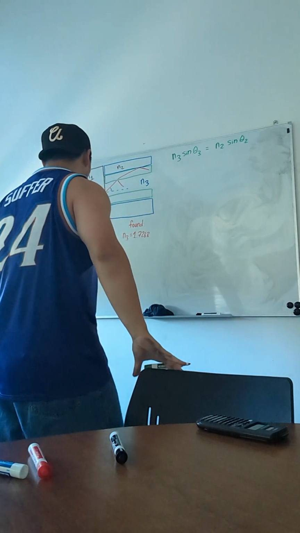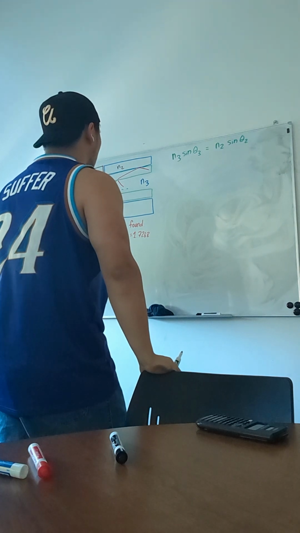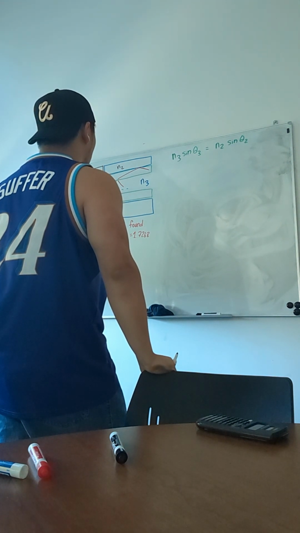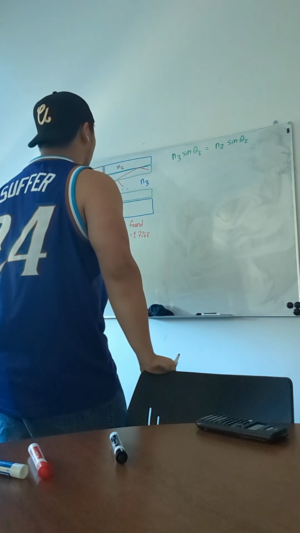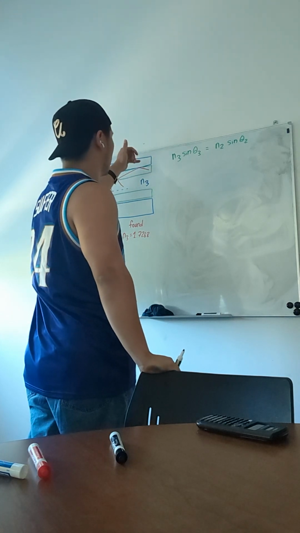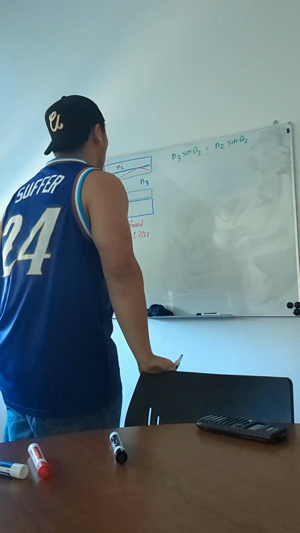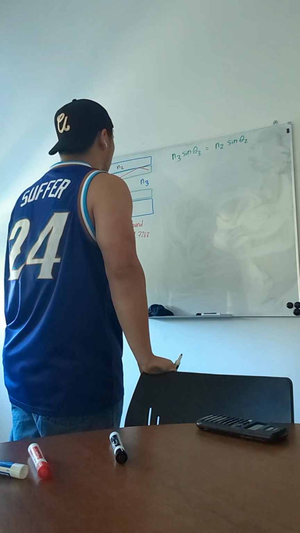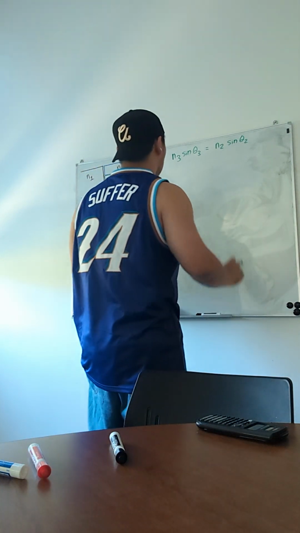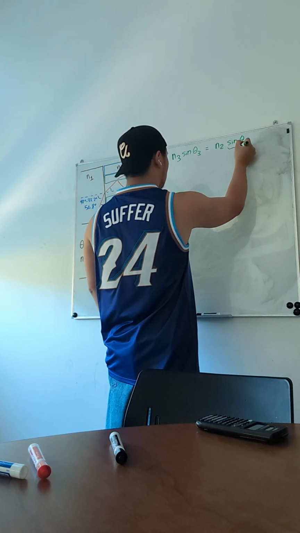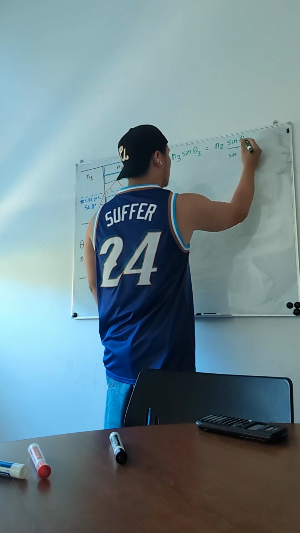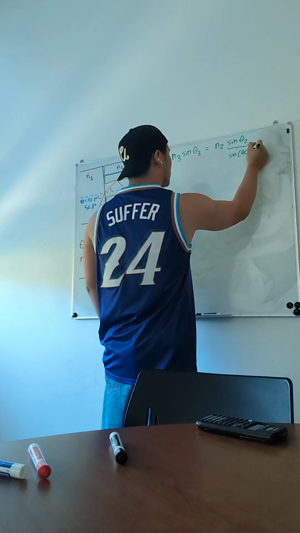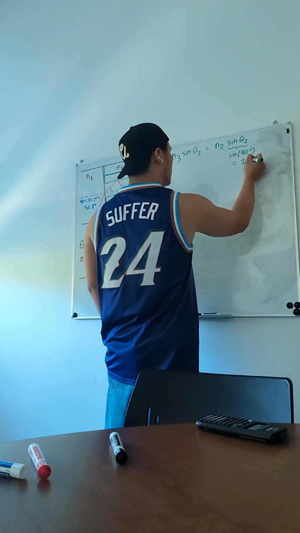Well, let's think. If we know that it's total internal reflection, because we're given that there's no refraction happening, then that would have to mean theta 2 is 90 degrees. So we can start cutting, right? Because here, this is just sine of 90 degrees, and that's equal to 1.